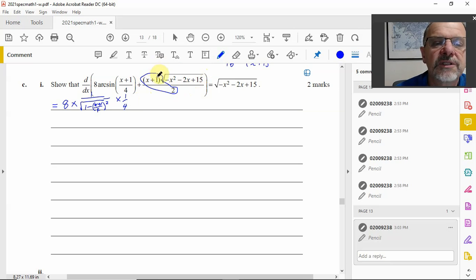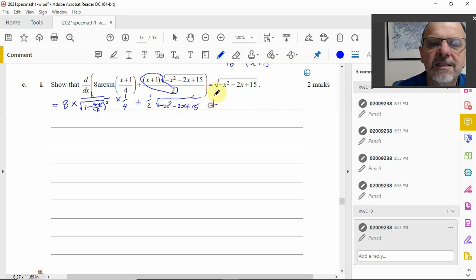The product rule says derivative of this times this, plus derivative of that one times that one. The derivative of x plus 1 on 2 is a half, and it's a half times the square root of negative x squared minus 2x plus 15.